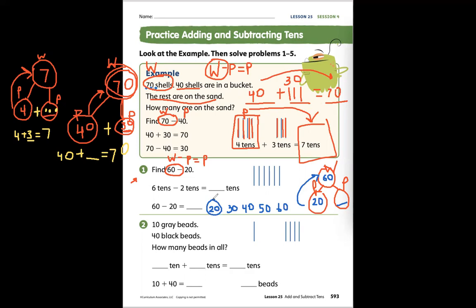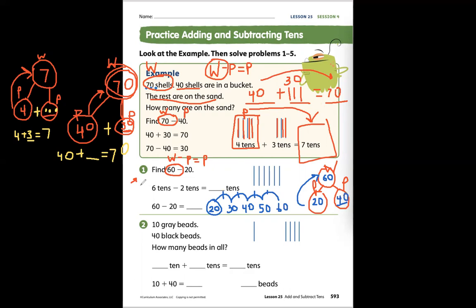So 20 is the part we know. 1 jump, 2 jumps, 3 jumps, 4 jumps. Now instead of counting by ones, we're going to count by tens because the difference between 20 and 30 is 10. So 10, 20, 30, 40. The difference is 40.